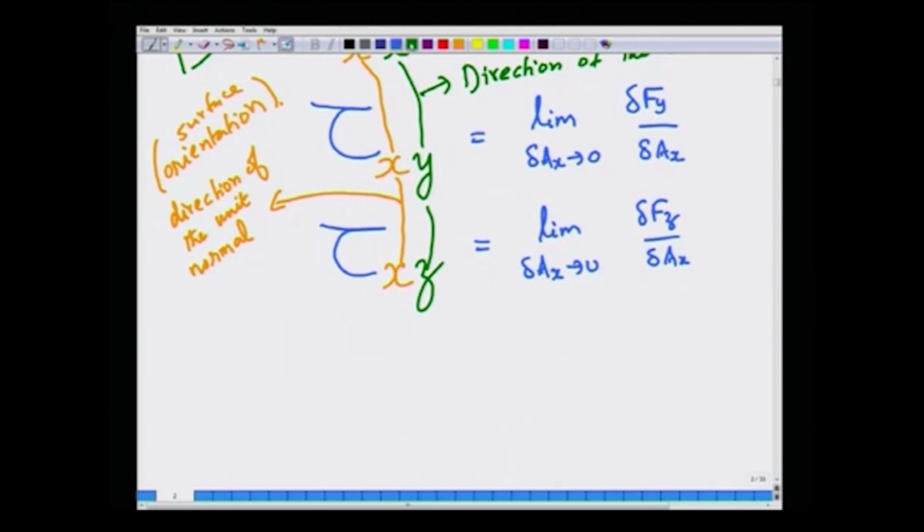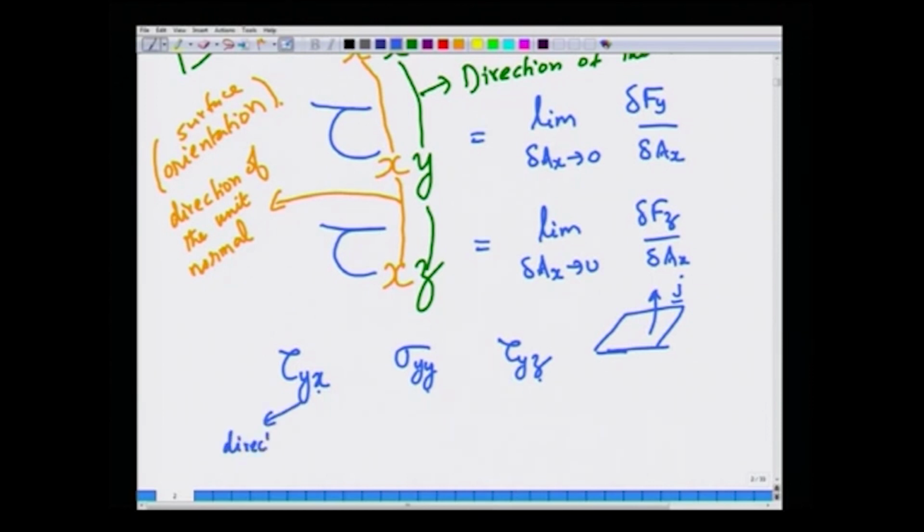Likewise, you could also write tau y x, sigma y y, tau y z. Here you consider a face whose unit normal is in the j direction, and you are considering the forces in the x, y and z directions. So, the first subscript denotes the direction of the unit outward normal, and the second subscript tells you the direction of the force.